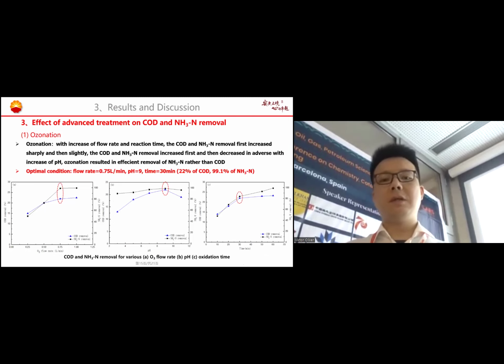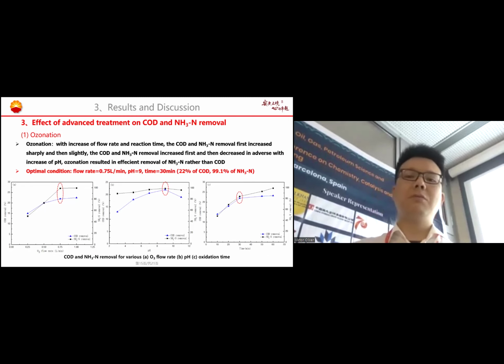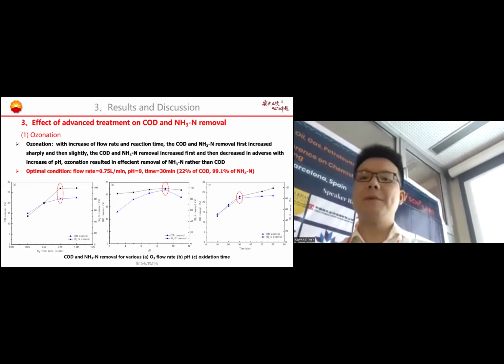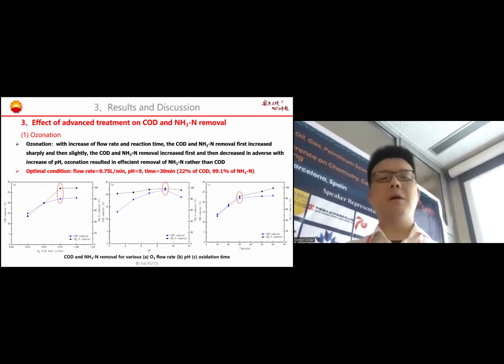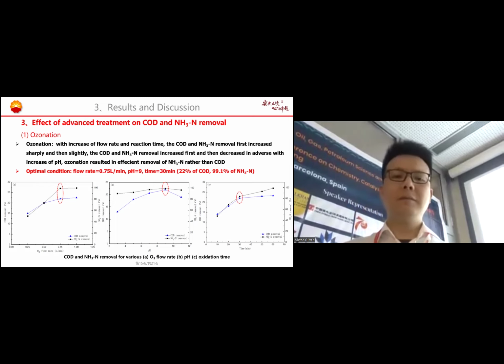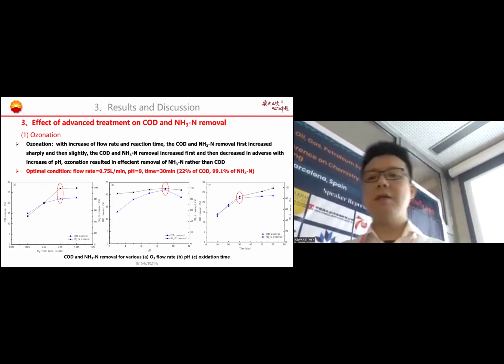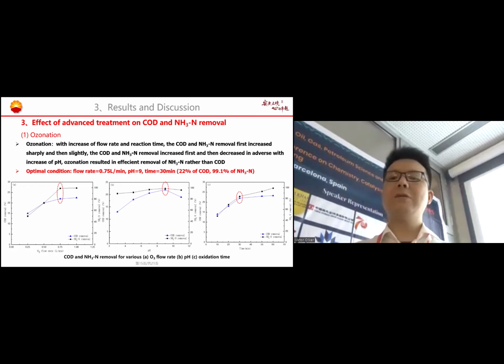Ozonation resulted in efficient removal of ammonium nitrogen rather than COD. So we get the optimal condition. The flow rate of ozonation is 0.75 liter per minute. The pH is 9 and the reaction time is 30 minutes. Then the removal of ammonium nitrogen can be more than 99%.